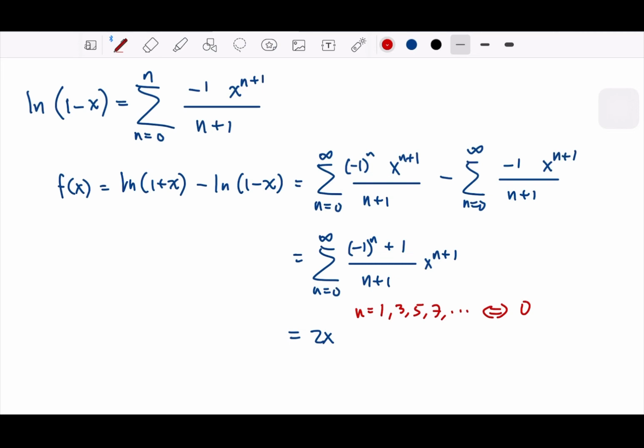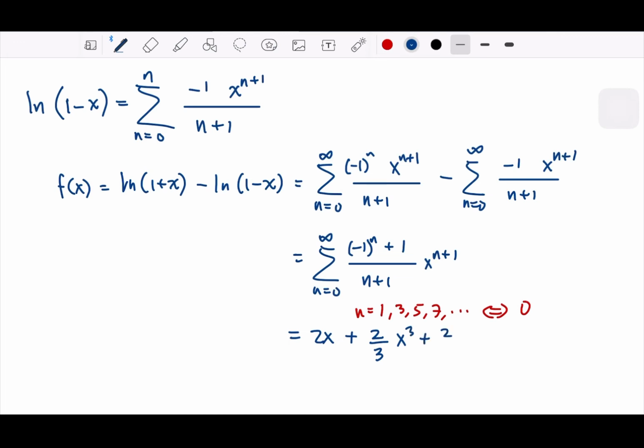So we skip 1, so take 3. We take 2, sorry, we take 2. It becomes x cubed, 2 over 3 x cubed.